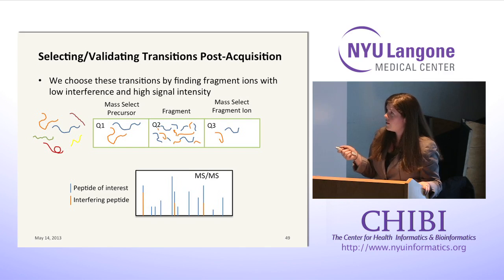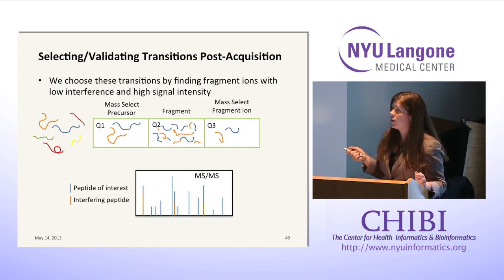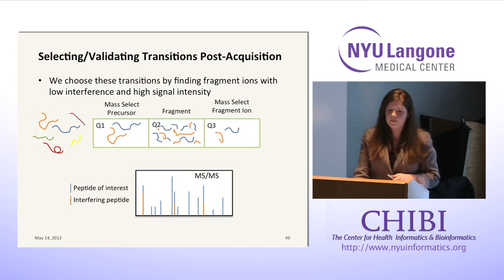And then it may have also a fragment ion that is similar to the fragment ion that you want to study. So if you look at the spectra, you're going to have some sort of interference in some of your transitions, and you have to really be able to pick out which transitions are good to use for quantitation.